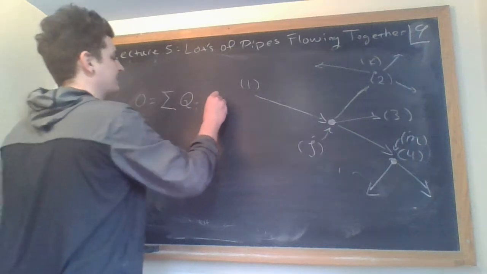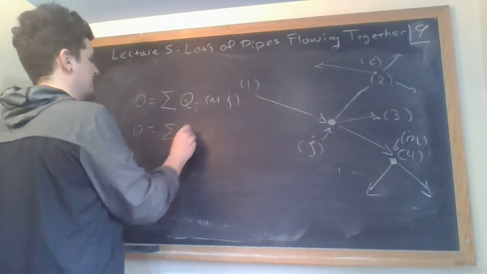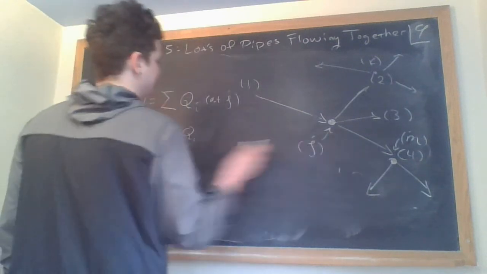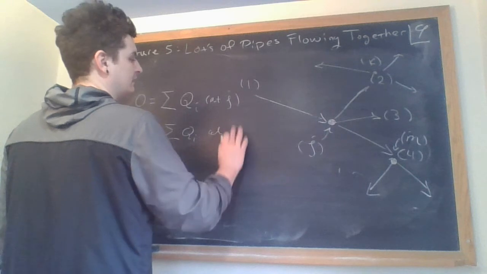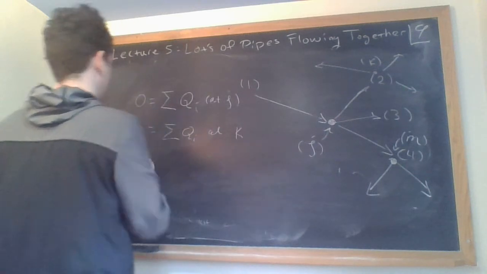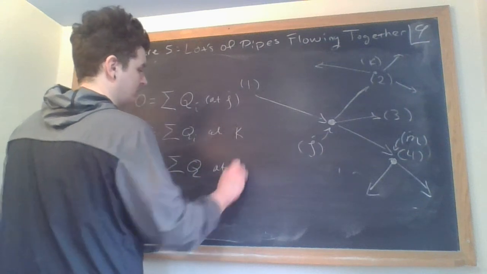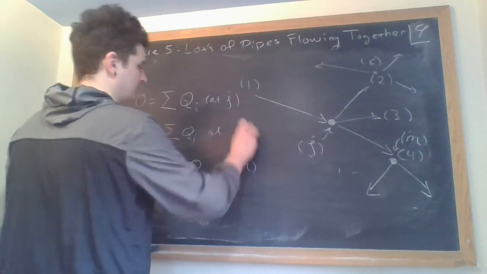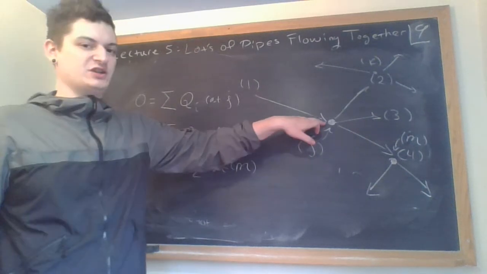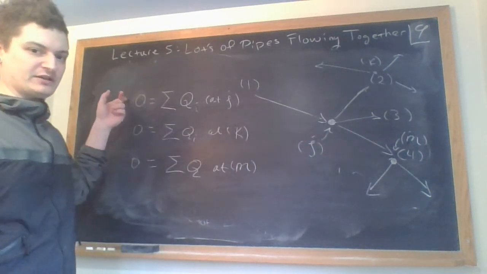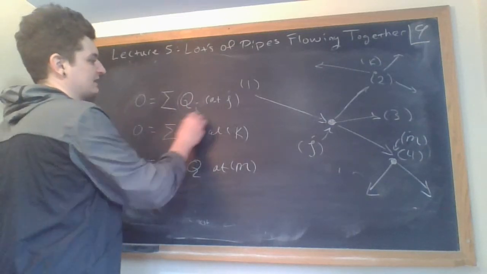So this would be at the junction point J. You would have another equation, sum up all the flow rates at that junction point K, and then another equation here. So now you can write 3. For any junction point that you have, you can write this equation out, which is just summing up flow rates. And this is a statement about velocities.